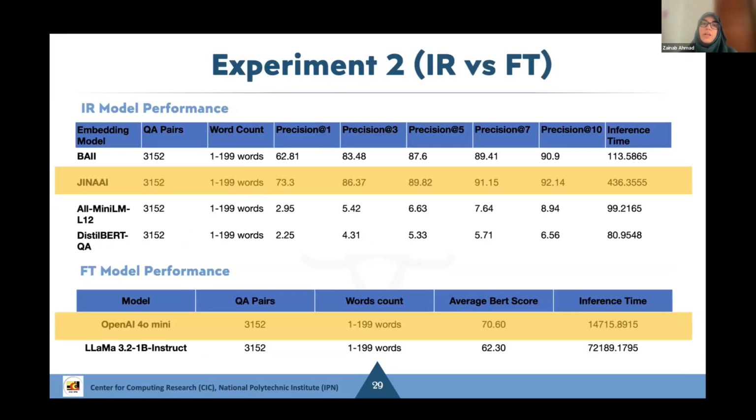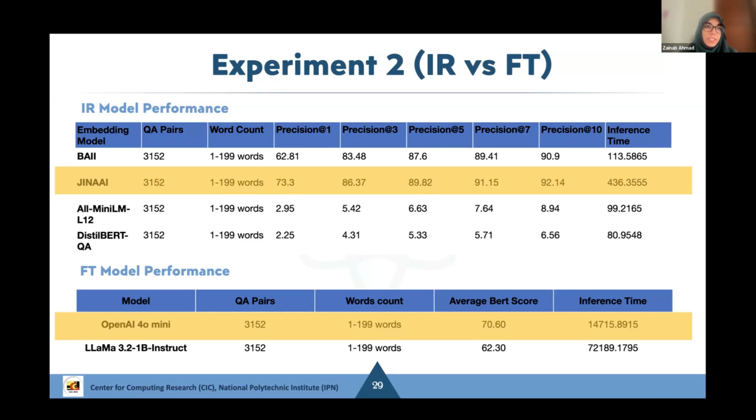So here we have experiment 2, in which we use our whole corpus of 3,152 QA pairs. In this, we only compared IR with fine-tuning because of the CAG context window limitation; we can't compare it for the whole corpus.